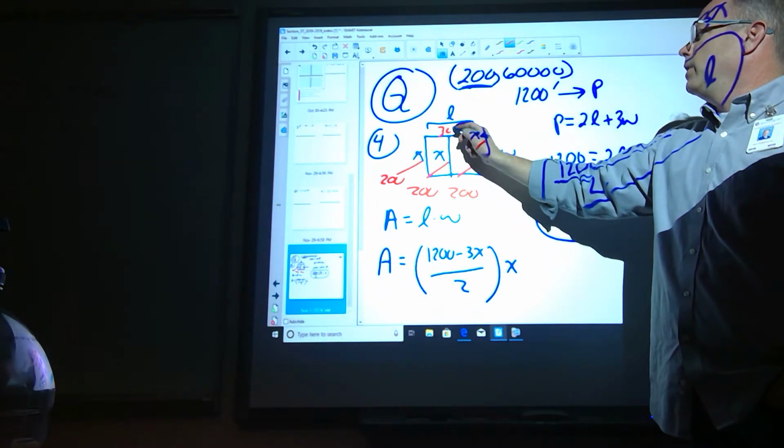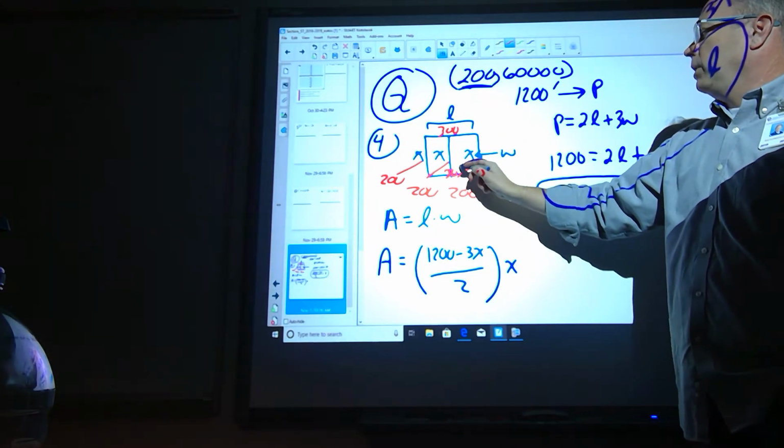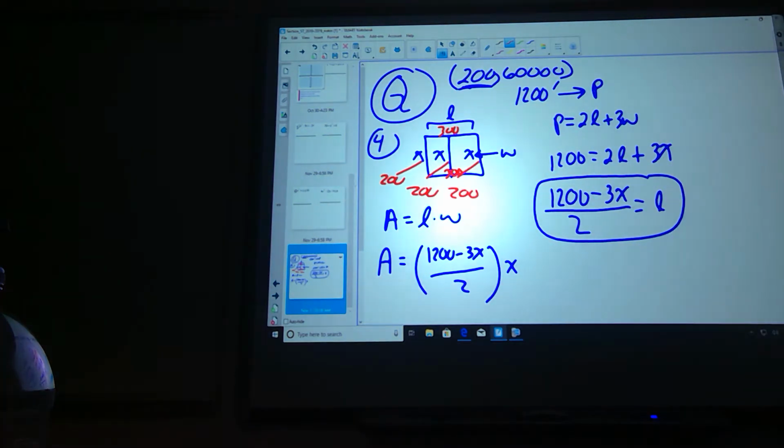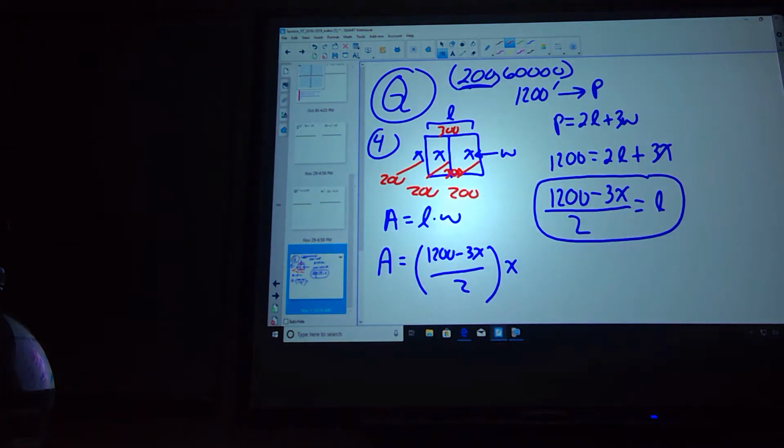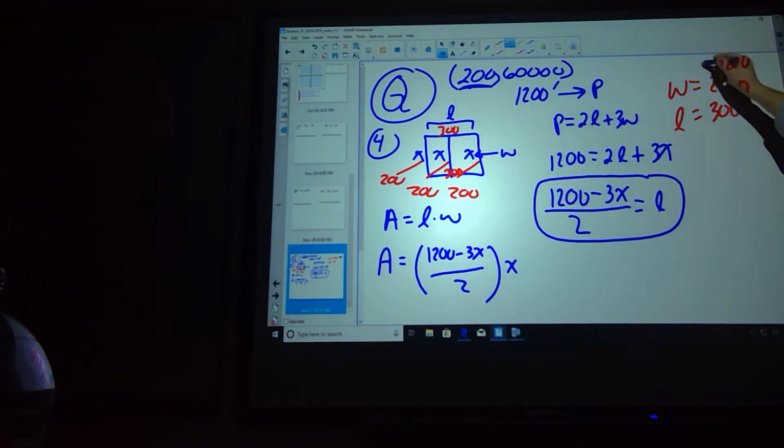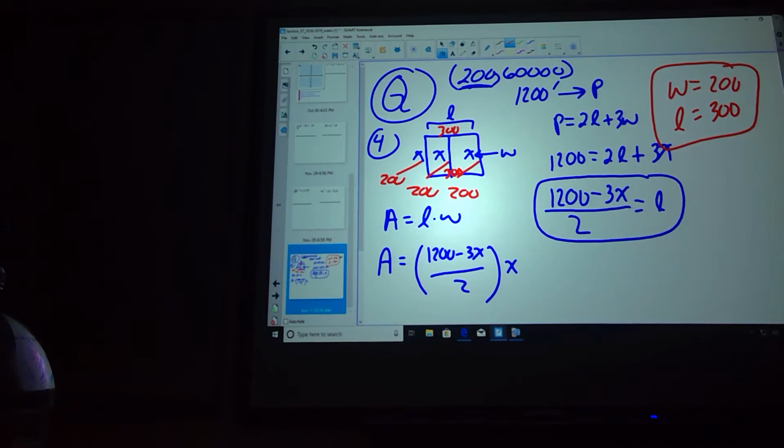That's 300. If that's 300, that has to be 300. So I hope that adds up to 1,200. So 300, 300, 600, and then another 600 is 1,200. Yes. So my width needs to be 200 and my length needs to be 300. And that'll give us the maximum amount of area, which is 60,000, I think, square feet. That's it.